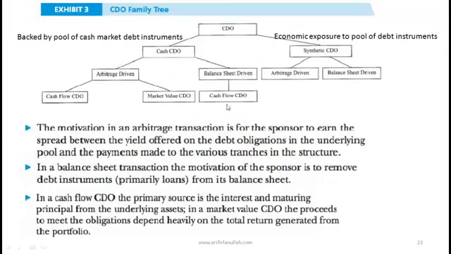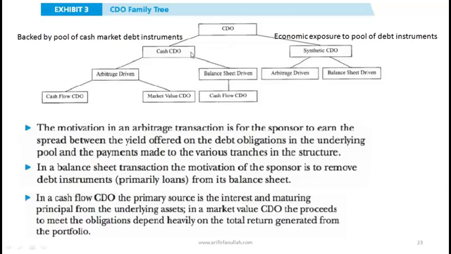Now, you need to understand this picture from the curriculum. The curriculum goes into a lot of detail, but we will just focus on the core points. There are lots of different kinds of CDOs or collateralized debt instruments. The first division or bifurcation is between what's called cash CDOs and synthetic CDOs. And the basic difference is that cash CDOs are backed by a pool of cash market debt instruments.